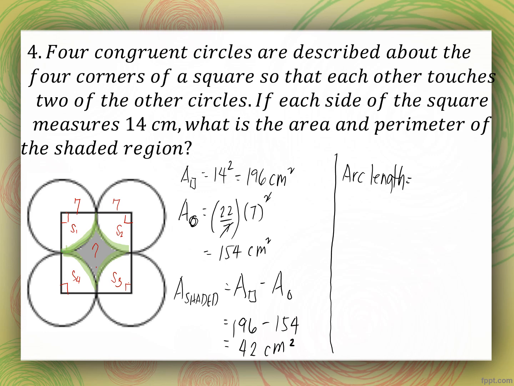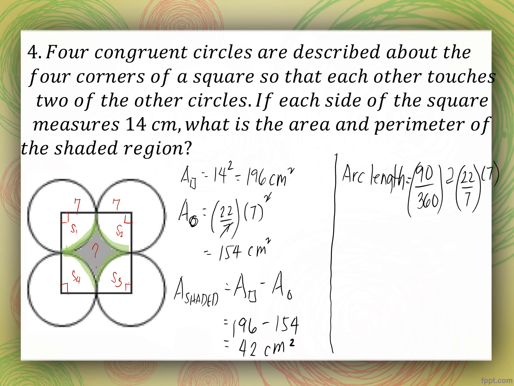We have here a right angle, so that would be 90 over 360. Then multiply by 2, and for pi let's use 22 over 7, and our radius is 7.